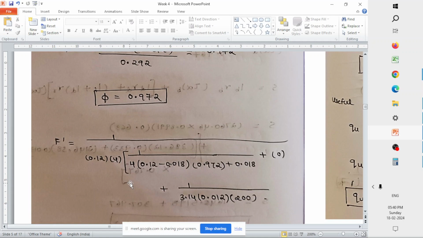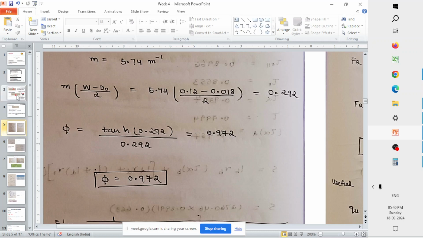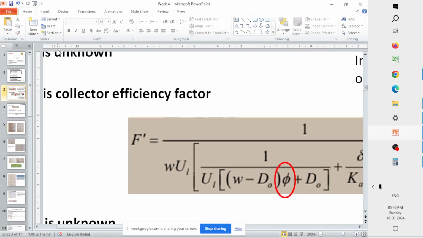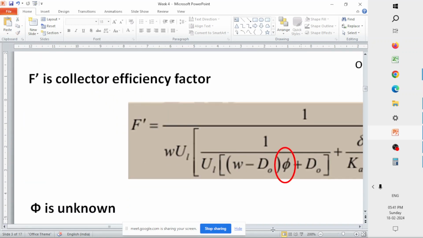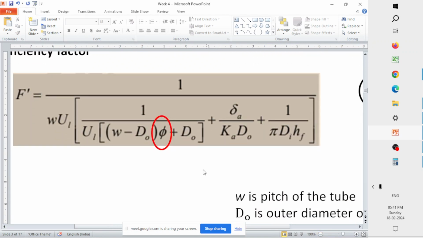The collector efficiency factor. So again, this is all about substitution, and if you see the formula, let me just show you the formula, and then we'll see what the terms are, and depending upon that we can substitute. So your F dash is nothing but 1 divided by W. W is the pitch of the tube, so that value is 0.12 meter.